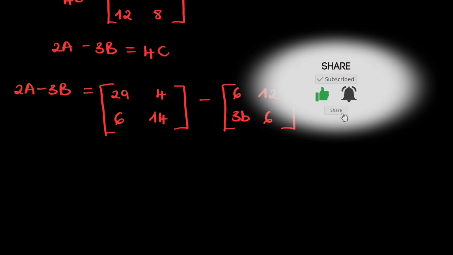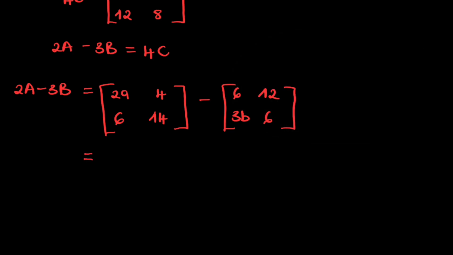Now let us do the subtraction. In doing subtraction, we subtract elements which are common in both matrices, that is, at the same position. So we are subtracting similar entries. This and this are in the same position, so we can subtract them.